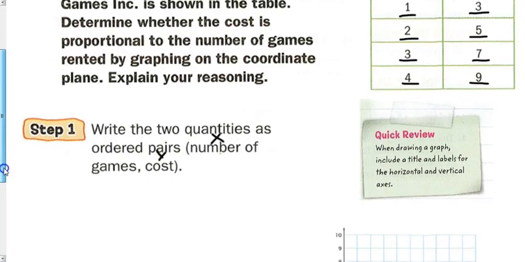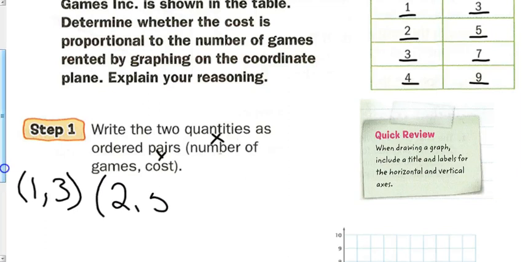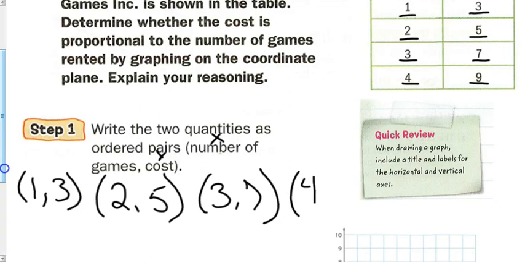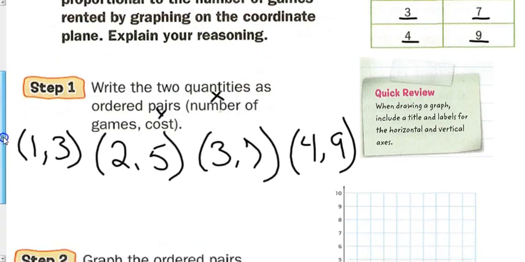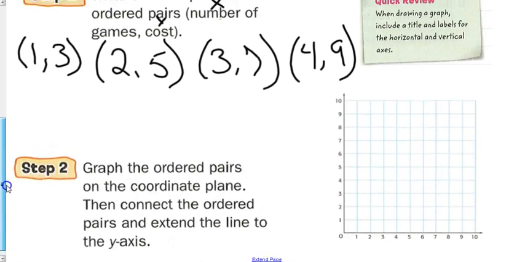So our first ordered pair would be 1, 3. Our second one would be 2, 5. Our third would be 3, 7, and our fourth would be 4, 9, just like so.